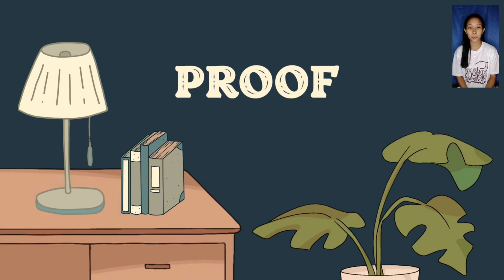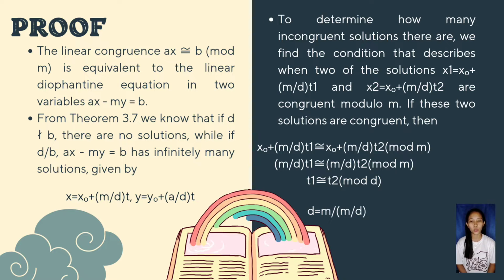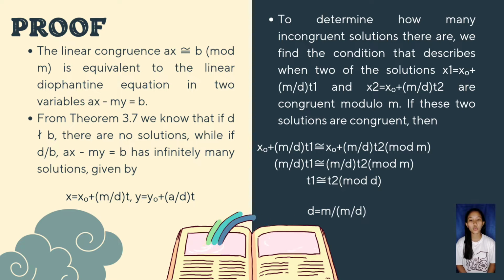So next is the proof. The linear congruence ax ≡ b (mod m) is equivalent to the linear Diophantine equation in two variables ax - my = b. The integer x is a solution of ax ≡ b (mod m) if and only if there is an integer y with ax - my = b.